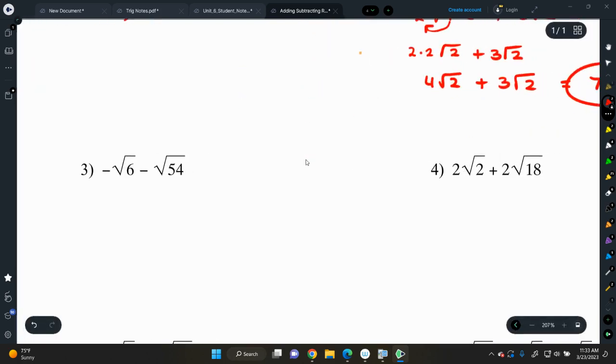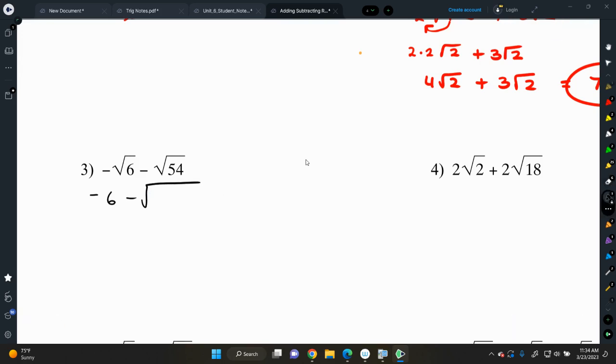Okay. Number 3. Ava, what did you do? I had 5 negative root 54. Good. Before I go any further, let me answer a question someone asked. Can you have a negative square root? You can have a negative square root, but you can't take the square root of a negative.